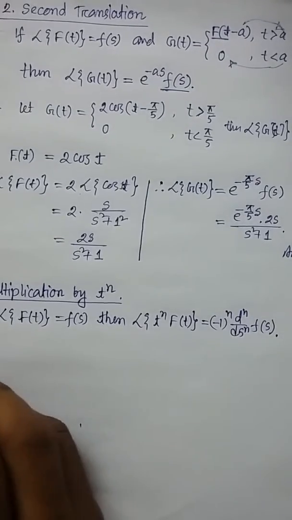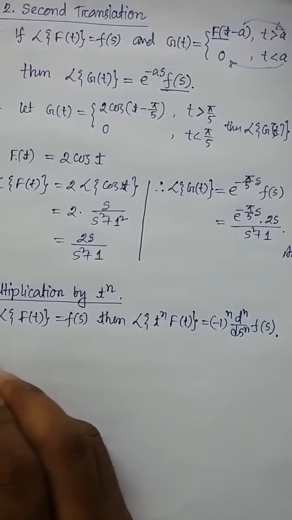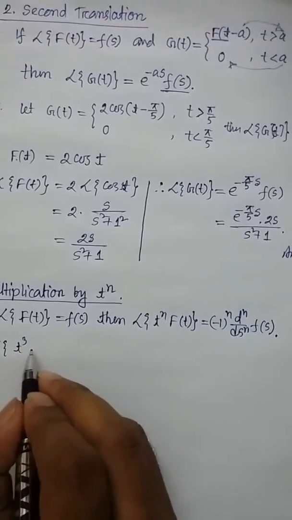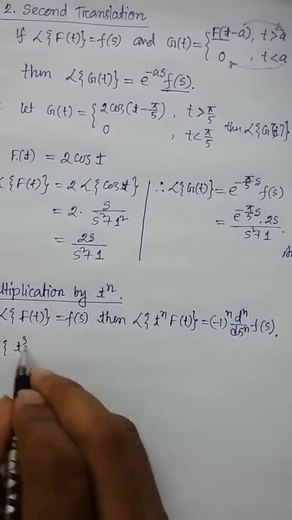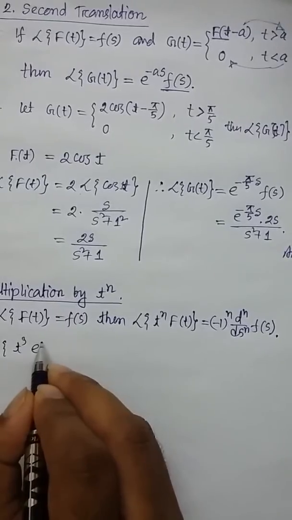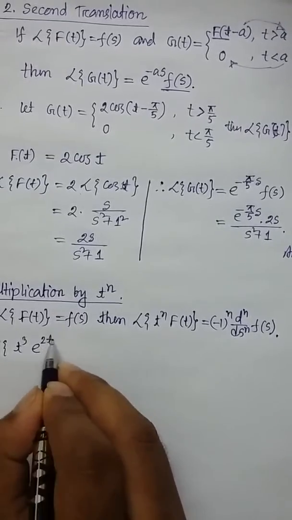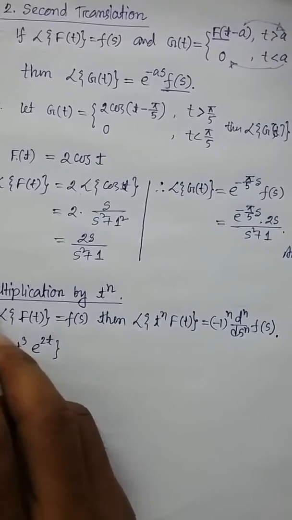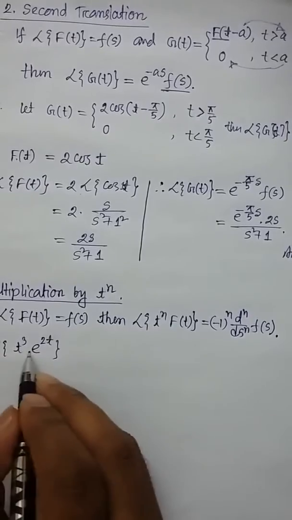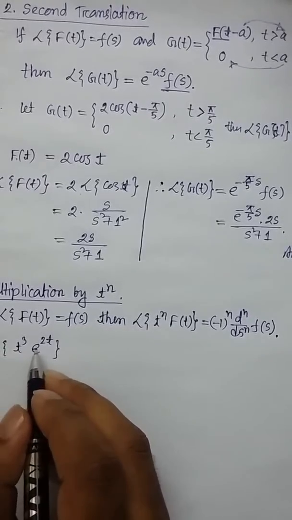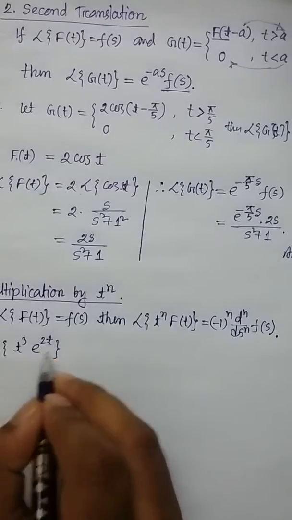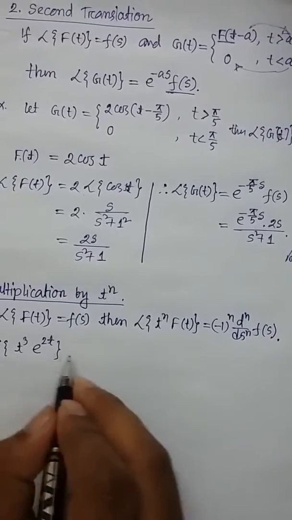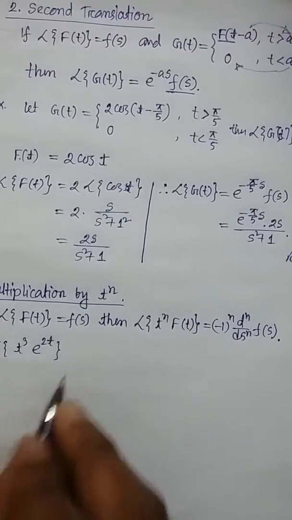For example, the Laplace transformation of t cube e to the power twice t. The first translation and this third formula are similar if the function is e to the power twice t. To understand the property, I just used this example.